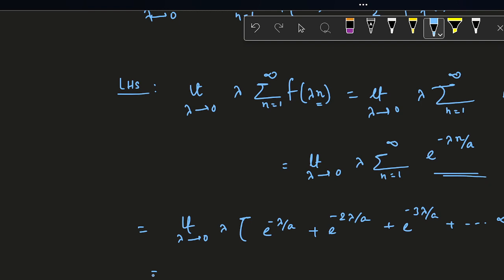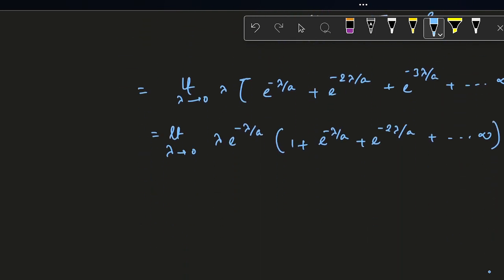Now if you simplify things a bit, you will see a connection. Take e to the power of minus lambda by a common in this case. What you are left with is this series: 1 plus e to the power of minus lambda by a plus e to the power of minus 2 lambda by a, and again this goes to infinity.